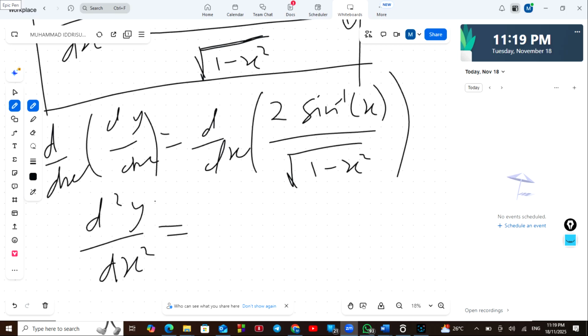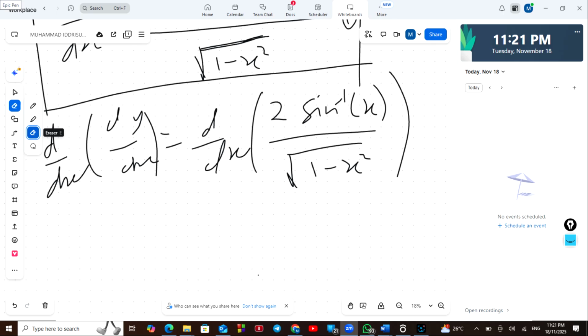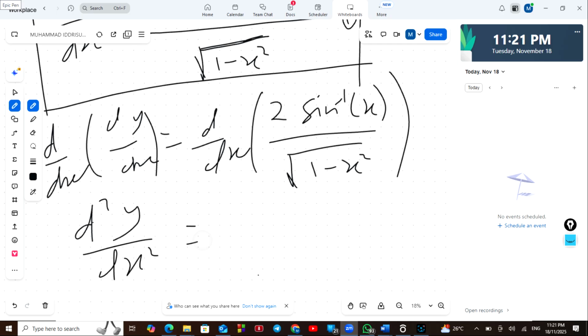and this is equal to d/dx of this. So d²y over dx² will be what?